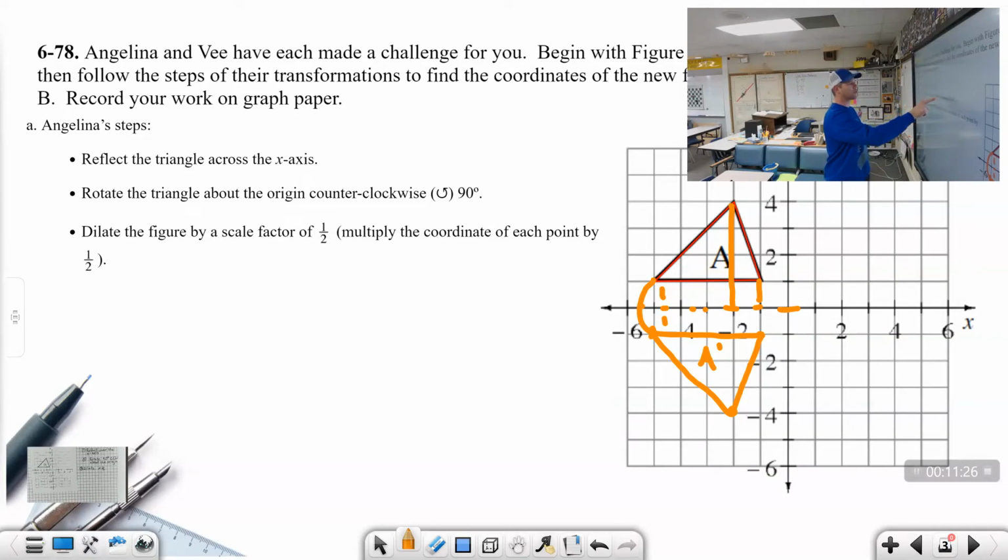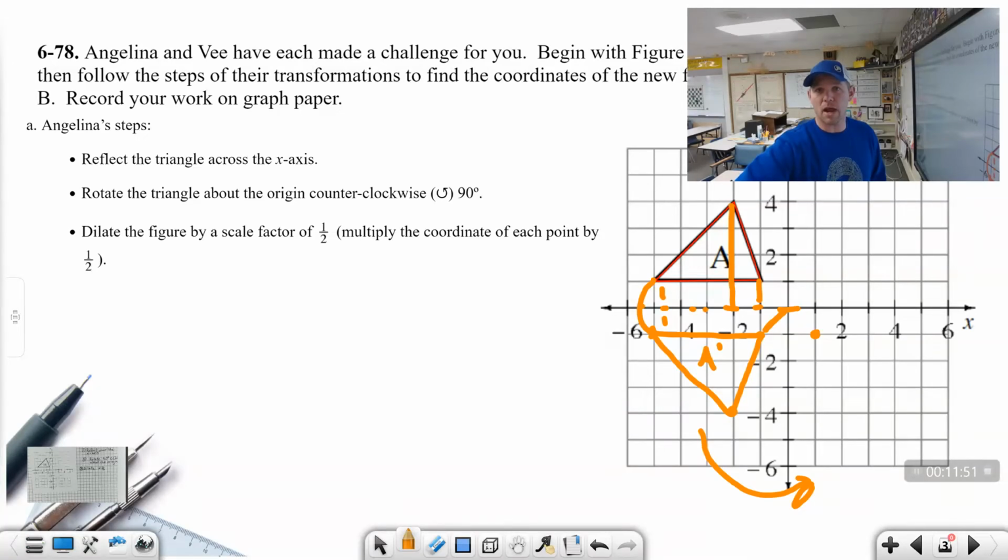Rotate the triangle about the origin counterclockwise 90 degrees. So we're going to go this way. Okay? Now think about this. If this is connected to the origin here, and we're going to rotate 90 degrees, that means 1, 1 is still going to be at 1, 1.